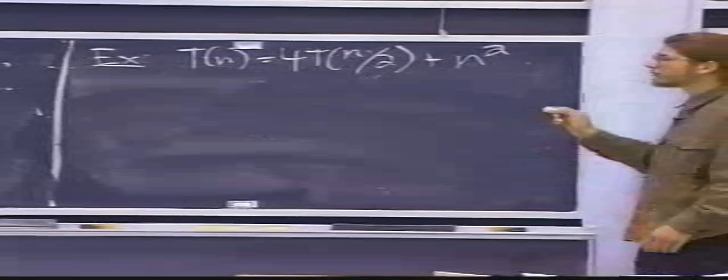So now, what case are we in? Sorry? 2. Right. We're in case 2 because now the f is about the same. In fact, it is exactly the same as n to the log base b of a. So, case 2.